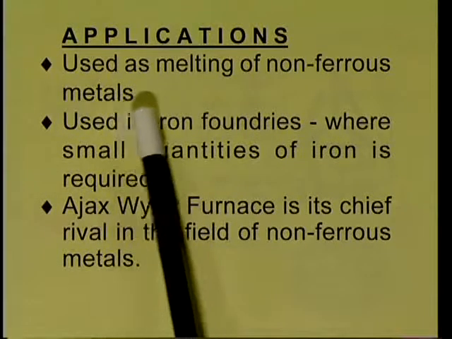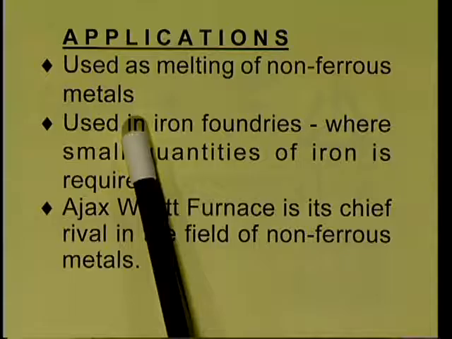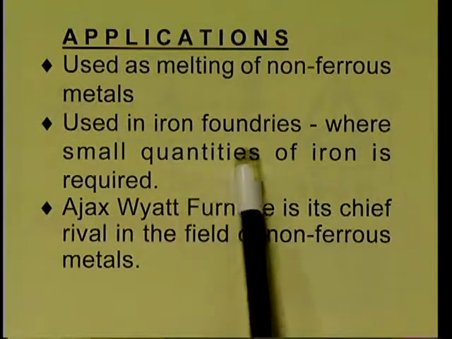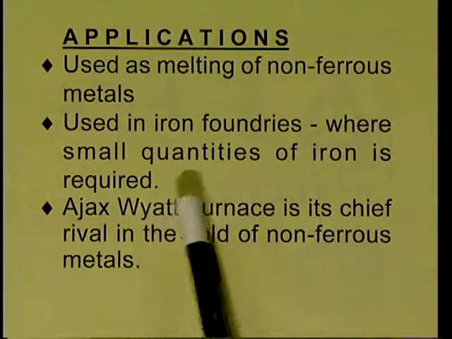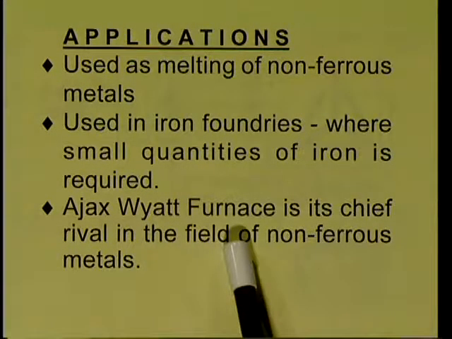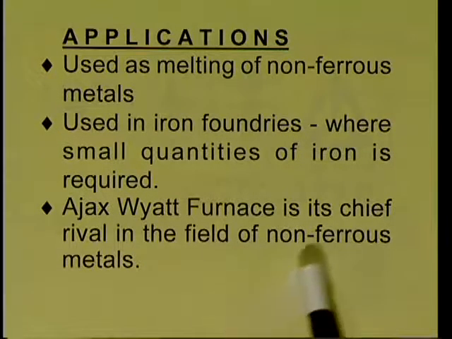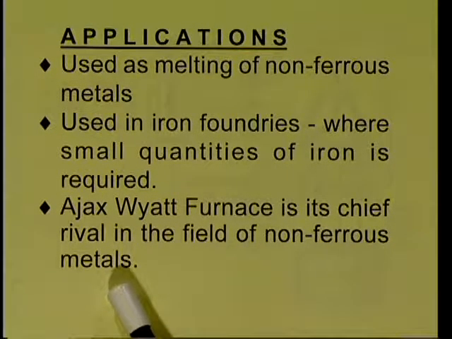Applications of these indirect arc furnaces: they are used for melting of non-ferrous metals, but are also used in iron foundries where small quantities of iron are required. The Ajax vat furnace is its chief rival in the field of non-ferrous metals.